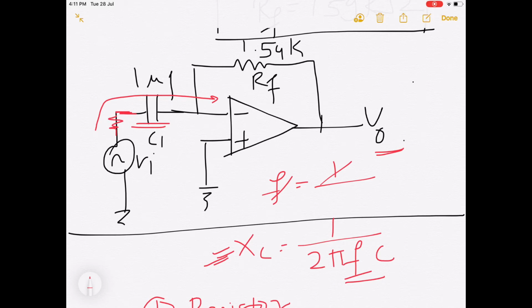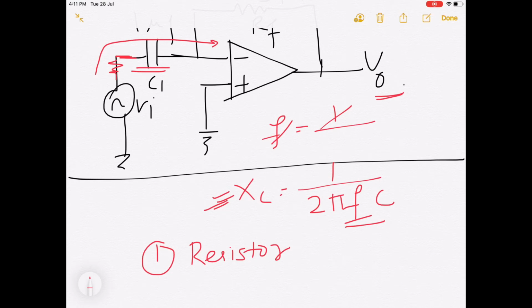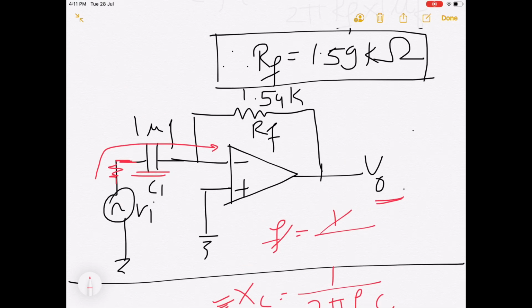Then in a differentiator circuit, limitations due to noise, stability and input impedance can pose problems. So, in order to minimize this noise, a small capacitor may be placed in parallel with the Rf. Here in parallel with Rf we can connect one capacitor, which will reduce the noise and also reduce the high frequency gain.